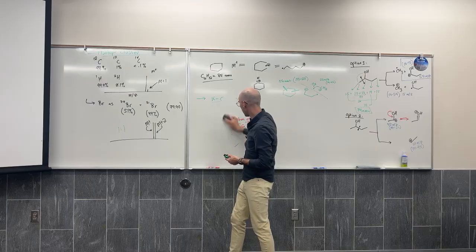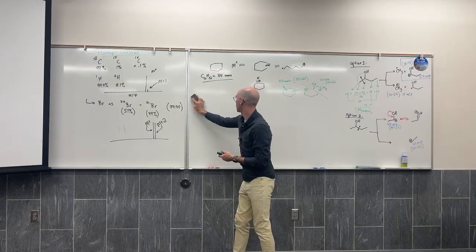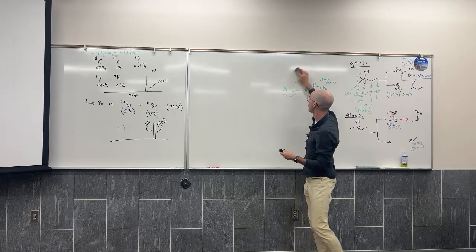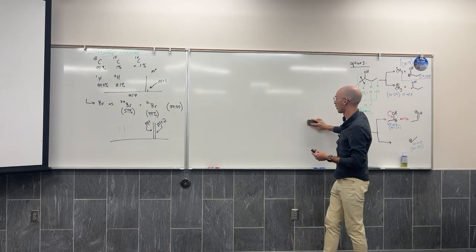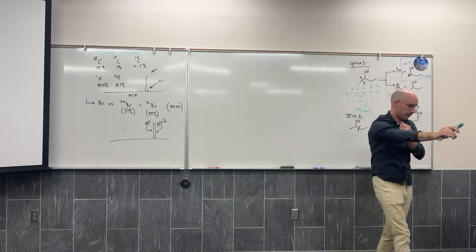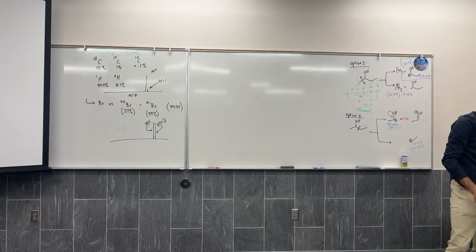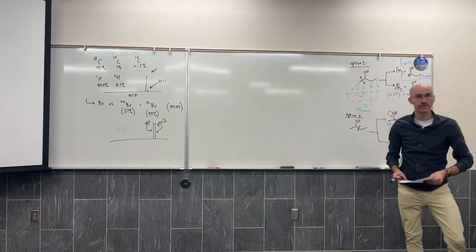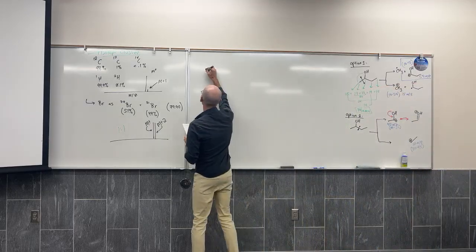So look at the mass spectrum for tert-butyl bromide, or you could also call it 2-bromo-2-methyl-propane. Do you see an isotopic cluster for tert-butyl bromide?